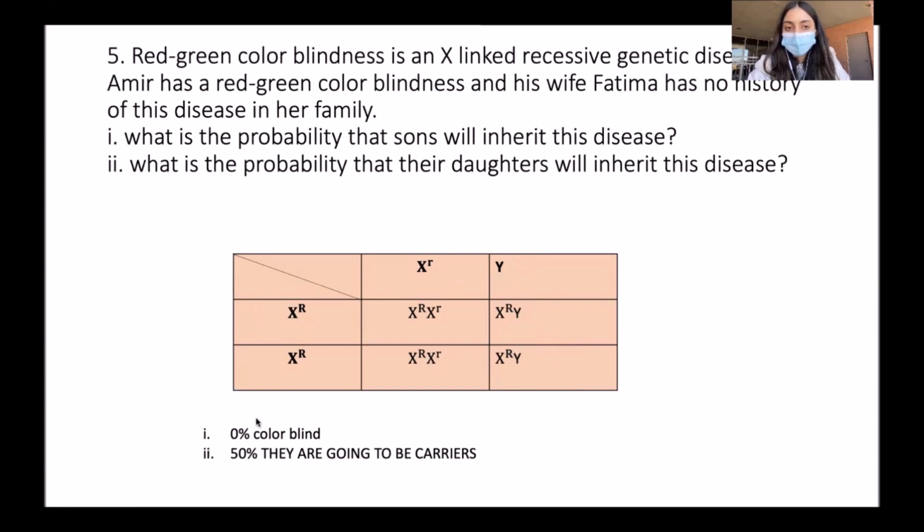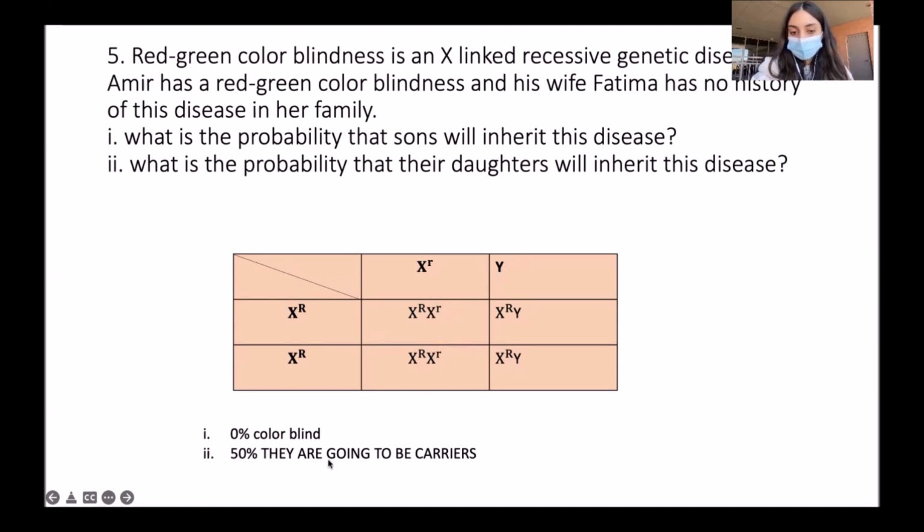And then for the daughters, we're going to check here, and we're going to see that none of the daughters will be colorblind, but they're going to be carriers because we have one dominant and one recessive. And that's why we're going to write 50%.